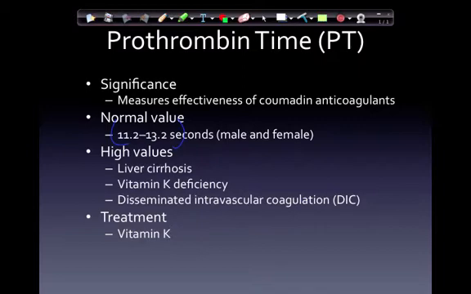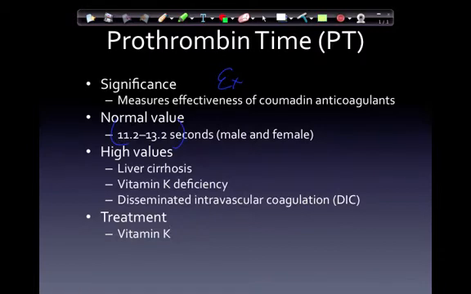This consists of tissue factors 7, 2, prothrombin, 5, and 10, and fibrinogen. So this measures extrinsic. It is valued 11.2 to 13.2 seconds in both male and female.